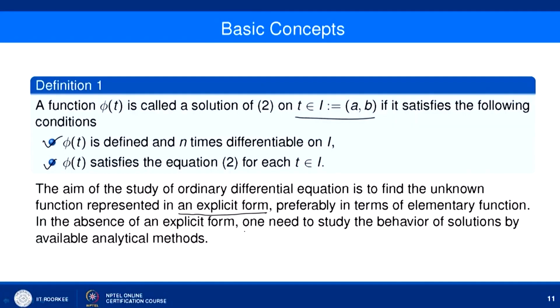And if you are not able to find the solution in explicit form, then we try to find the solution in implicit form, or we need to go further to study the behavior of a solution by available analytical methods. Suppose we are not able to find the solution in explicit form, meaning y is not given as some function of t.